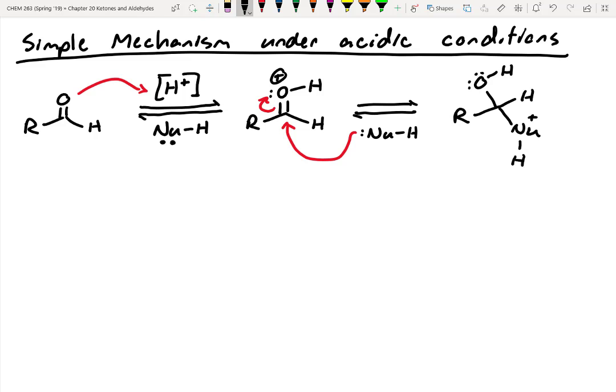But at this point, the nucleophile likely has a positive charge, right? Because it started out neutral. So our final step should likely be what? Deprotonation.